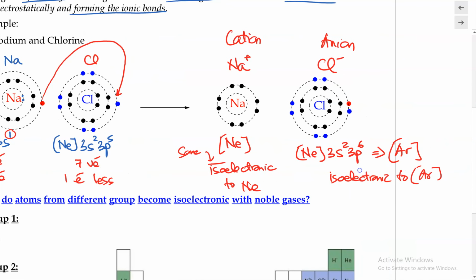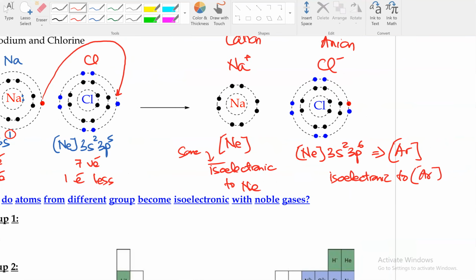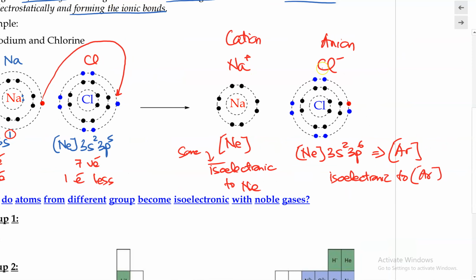But as a consequence of transferring this electron, sodium is now becoming positive, and the chloride then becomes negative. And now we know that whenever we have charges that are opposite to each other, positive and negative, they attract each other. And this is basically what the ionic bond is.